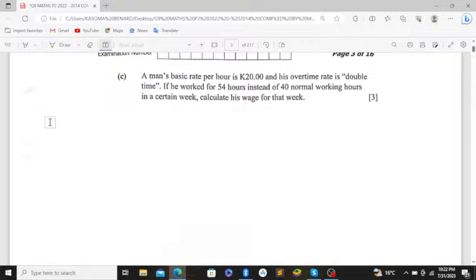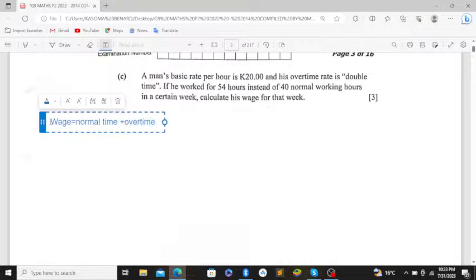Now what I'm going to do is use this formula. I'm going to write wage is equal to normal time plus overtime.